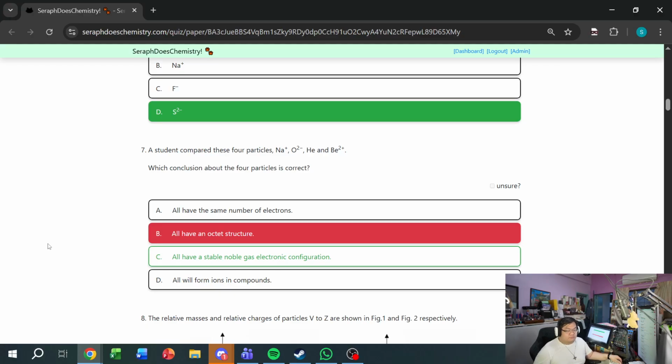Helium only has 2, so it doesn't have 8.